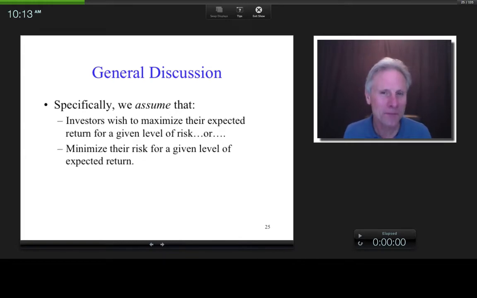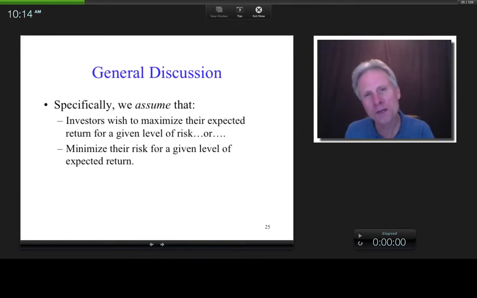So basically, when it comes to risk and return, we want as much expected or required return as possible for a given level of risk. Or, for a given level of expected required return, as little risk as possible.